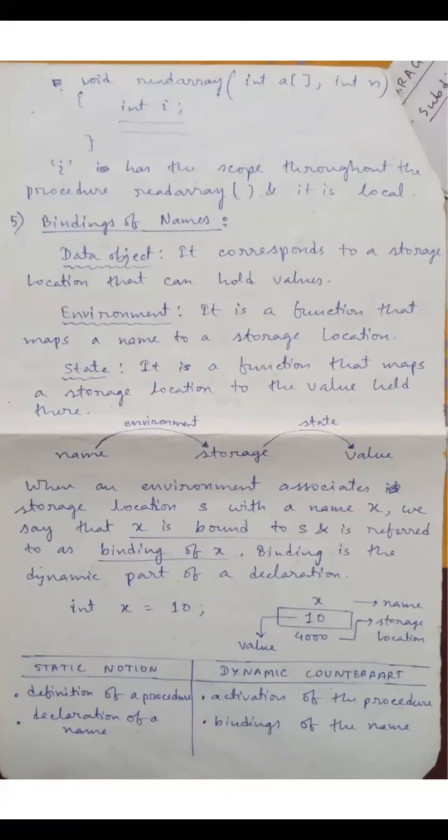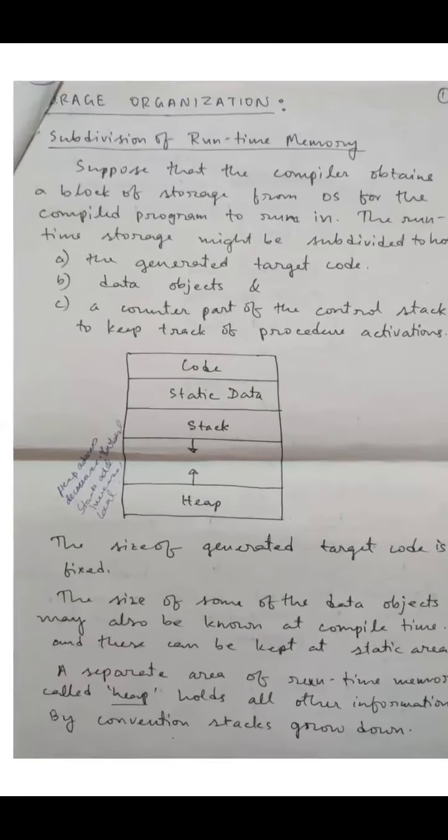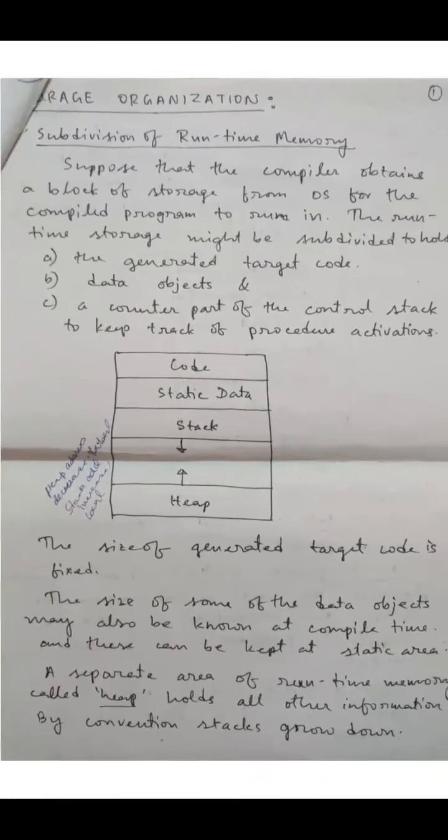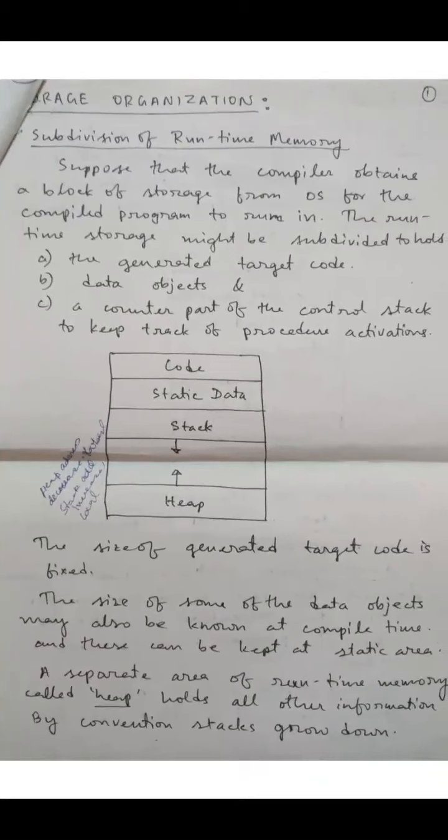Then the next part, storage organization. When a source code or compiled code is executed by the CPU, of course that code should reside in main memory, because the CPU accesses the code from main memory. Then in main memory, what are the sections for the code?